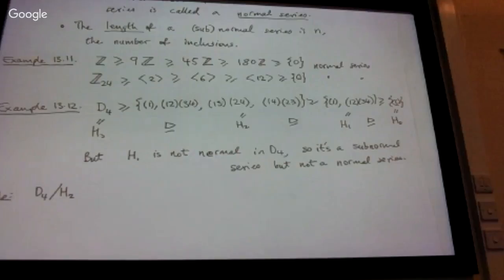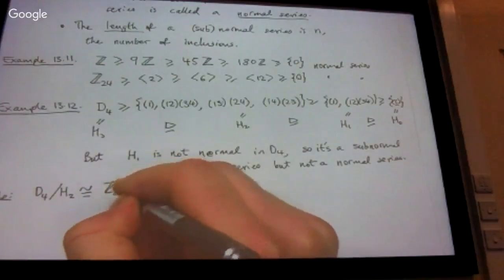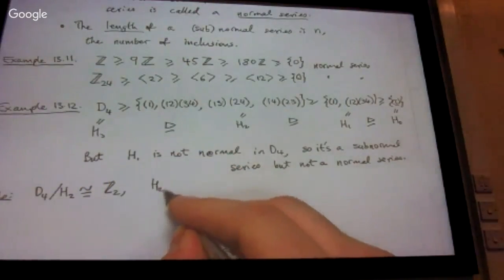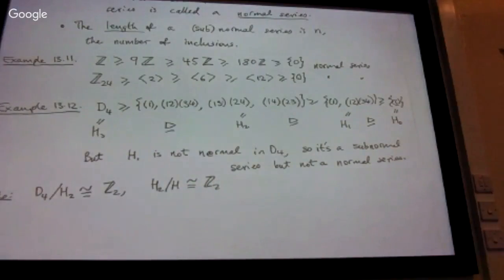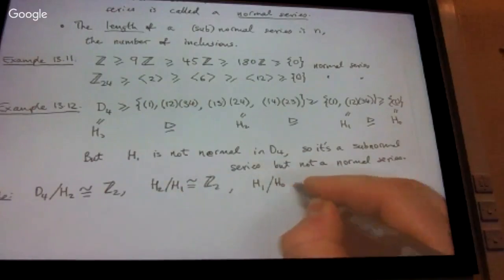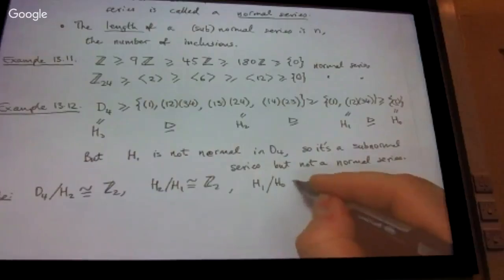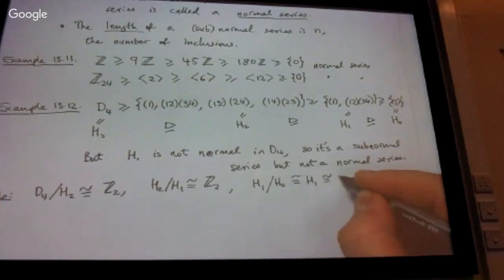It's index 2. How many different groups do you know on 2 elements? Just one. So this one has to be isomorphic to Z2. Same thing. Well, that's actually equal to H1. Is Z2.